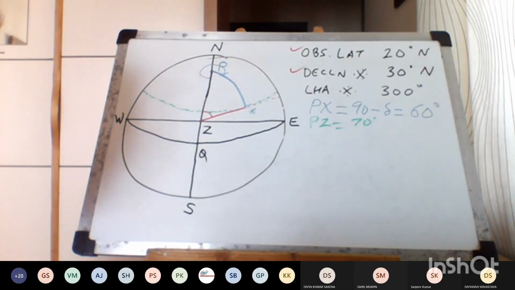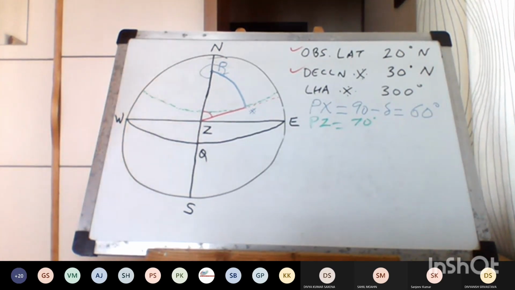In the case of our angles, we were saying the arc of the equinoctial, if you remember. But now it is the arc of the rational horizon or the angle at the zenith between the observer's meridian and the vertical circle passing through the body. So definitions also you have to remember, sometimes you get short questions.